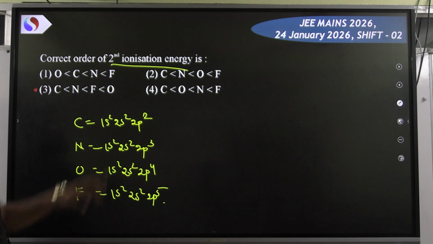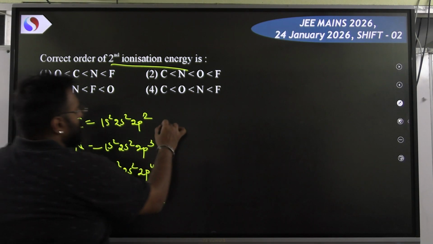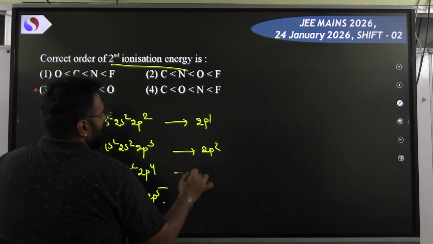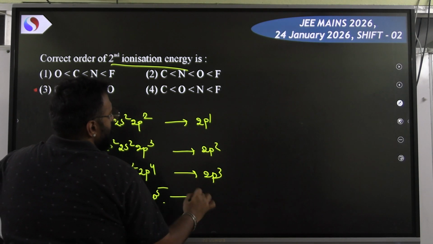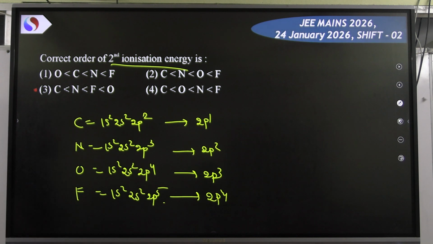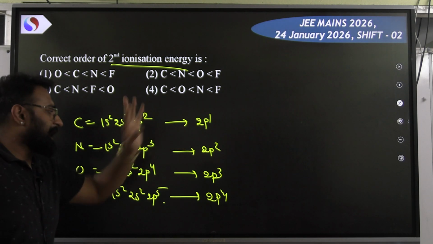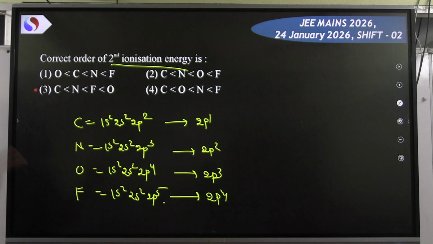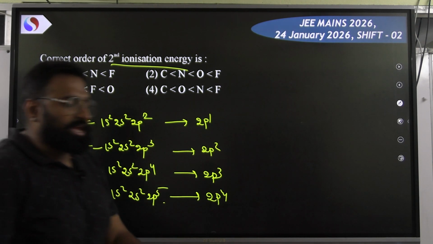So obviously if you are removing first electron, it will be 2p1, it will be 2p2, it will be 2p3, and it will be 2p4. So to remove electron, second ionization energy, you need least energy in carbon and you need highest energy in oxygen. Least energy in carbon, highest energy in oxygen. So correct option is option number C.